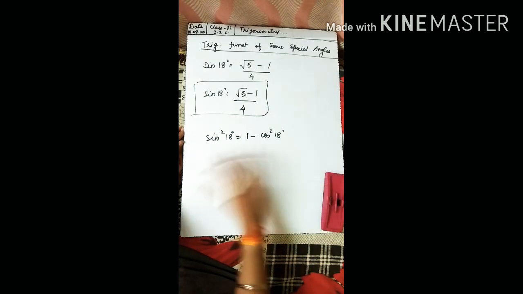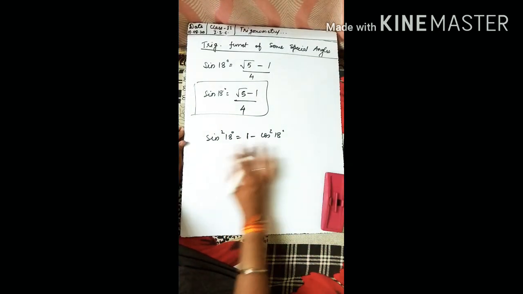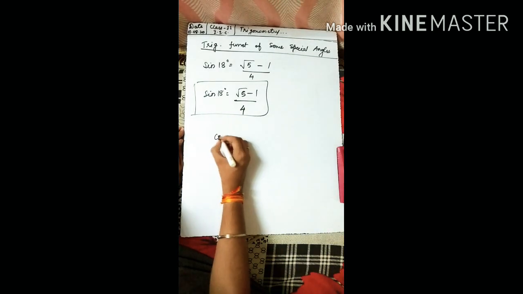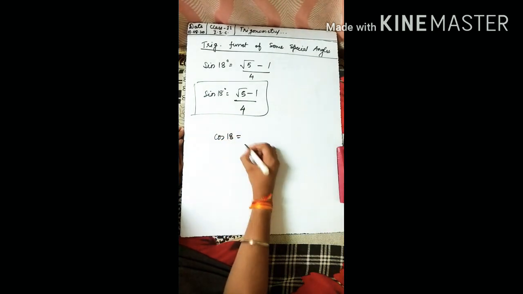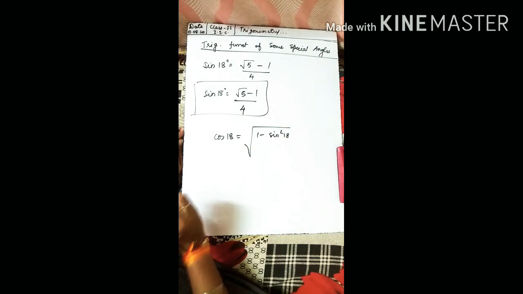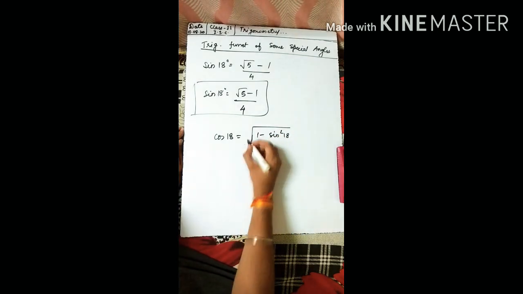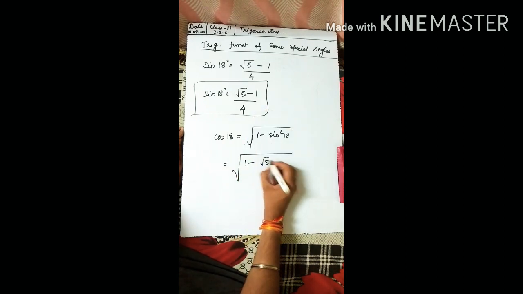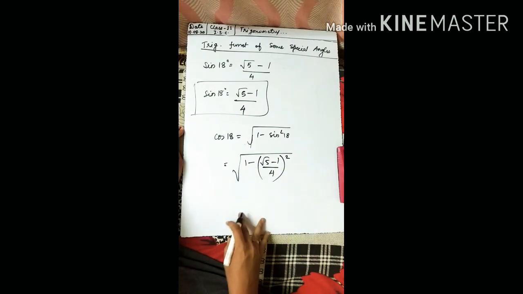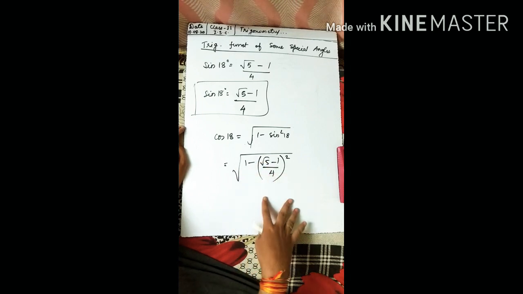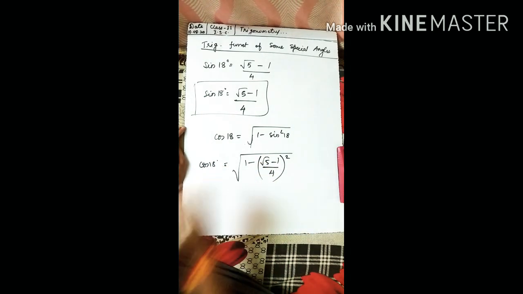We need the cos 18 value, so cos 18 can be written as under root 1 minus sin square 18. So under root 1 minus, what is the value of sin 18? Under root 5 minus 1 upon 4, the whole square. Now you know how to solve this one. Take the LCM and solve. This is simple algebra. You will get the value of cos 18 degree.